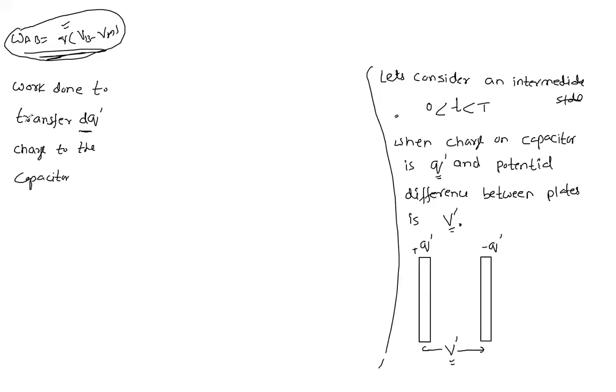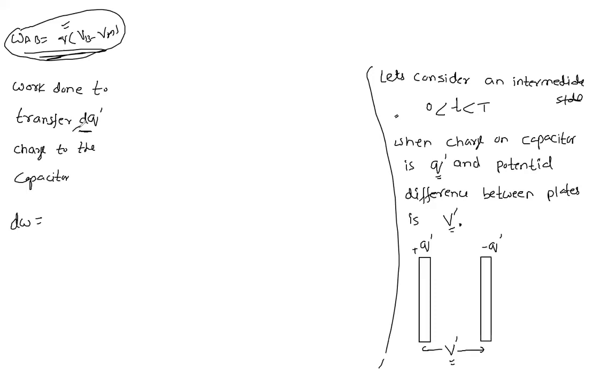Okay. So now can you calculate the work done here, this dW prime? If you remember this expression, then you can easily calculate it. What should be the work done in carrying this dq prime charge from one plate to another? The potential difference between the plates is V prime. Work done is charge times potential difference. The charge is dq prime.